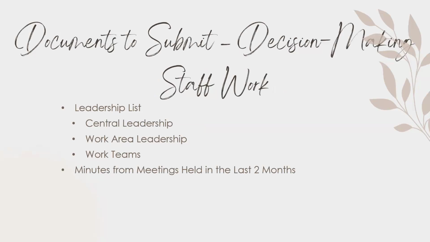If you have work teams for core areas of the peak, who's on those teams? And then we ask that you have minutes from leadership or work team meetings held in the last 2 months. So the look back period from whenever your evaluation, 2 months prior to that.